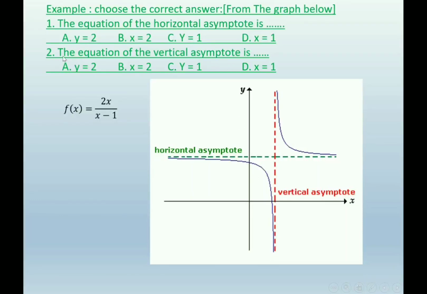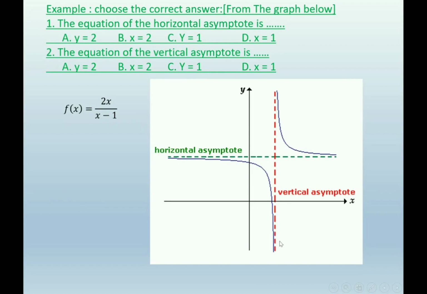In the second question, to find the equation of the vertical asymptote, you are going to equate the denominator to 0. Move the -1 to the other side to make it x equals 1.